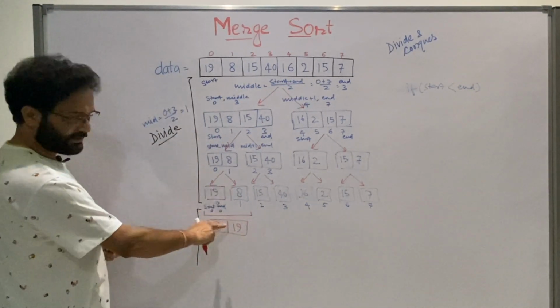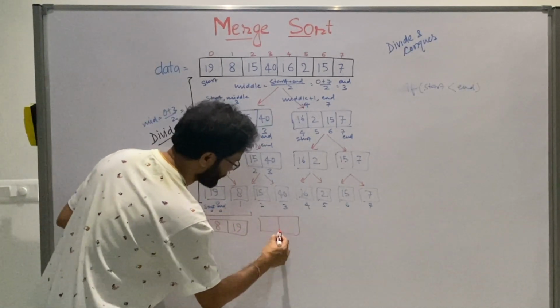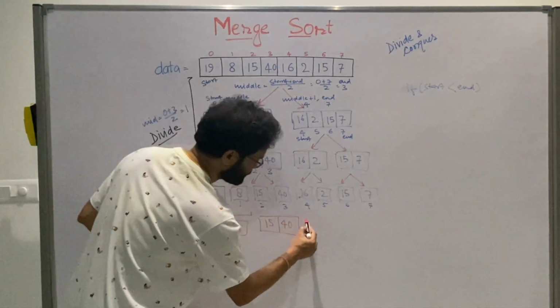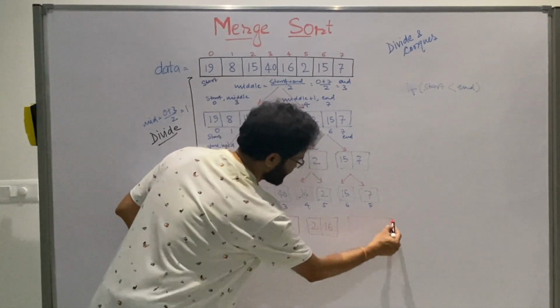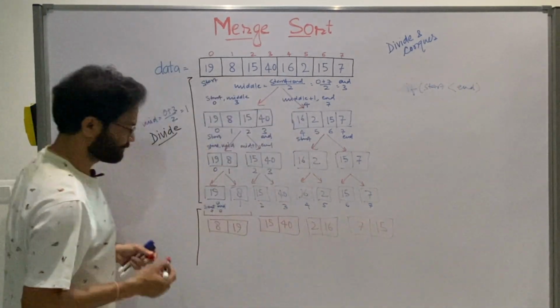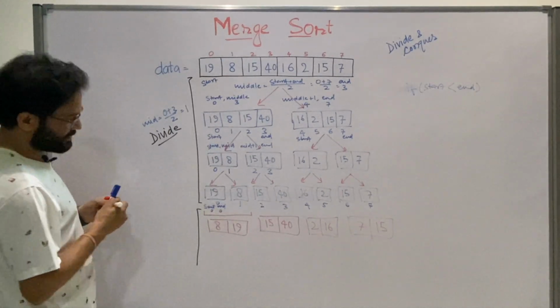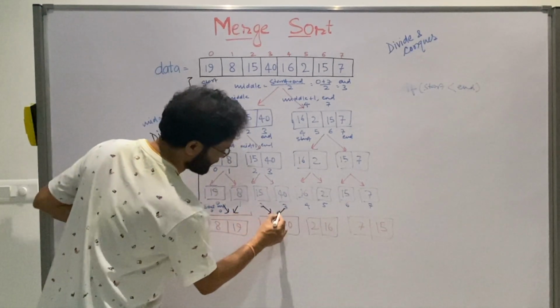I sorted, then merged it, right? The same case here, it is already sorted. Here 2, then 16. Here 7, then 15. So now merging has started. These two parts merge.